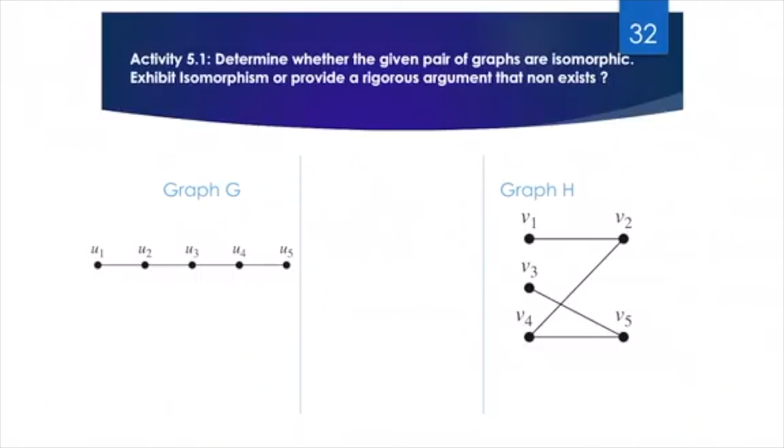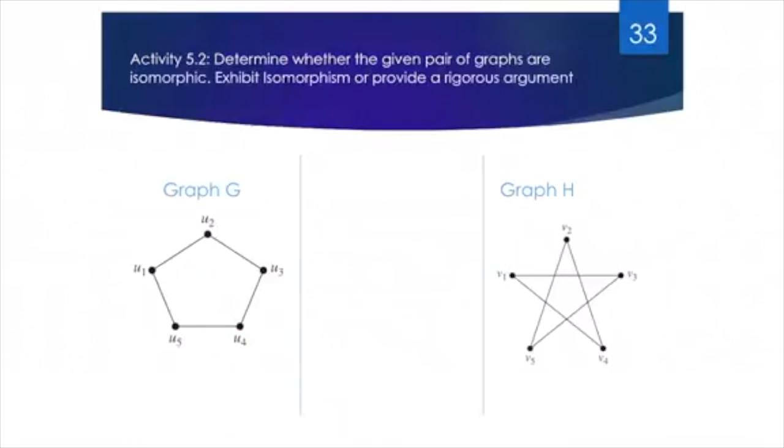Now you can do this simple activity to judge whether graph G and graph H are isomorphic. You will notice both have the same number of vertices, both have the same number of edges, so we can simply say yes, they are isomorphic. In the second example, the two graphs have the same number of vertices. Graph G has 5 vertices and graph H has 5 vertices as well.